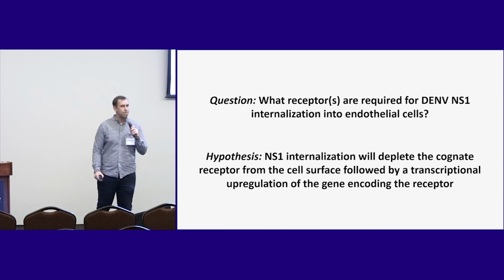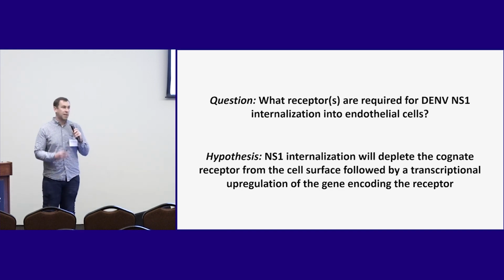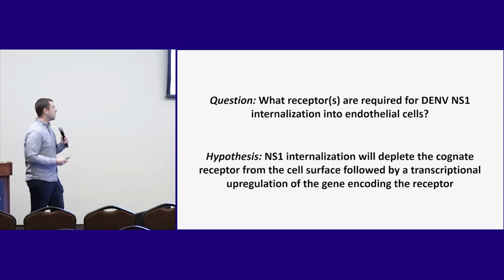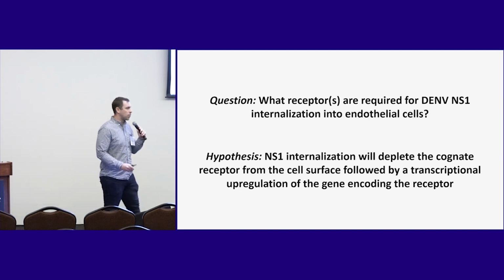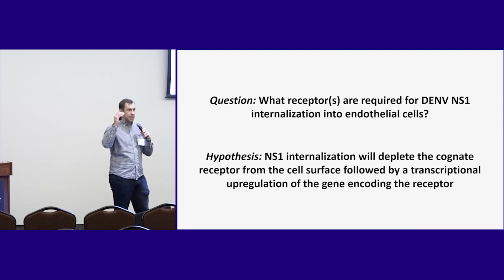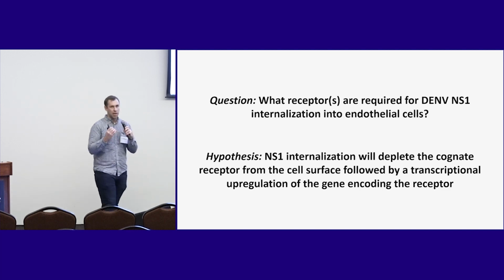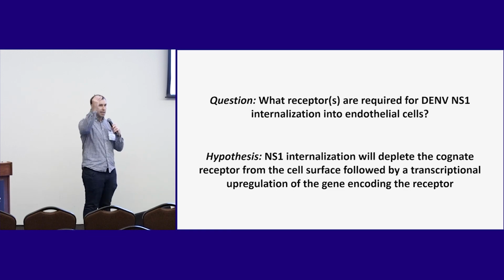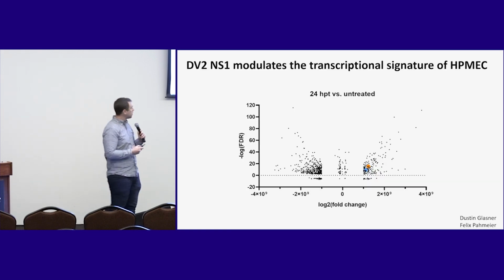We tried many different strategies to identify these receptors, and what ended up working was actually an RNA-seq experiment where we reasoned that if this was a transient process that didn't kill cells, the receptor would be downregulated upon internalization of NS1 and then subsequently upregulated upon return to homeostasis.